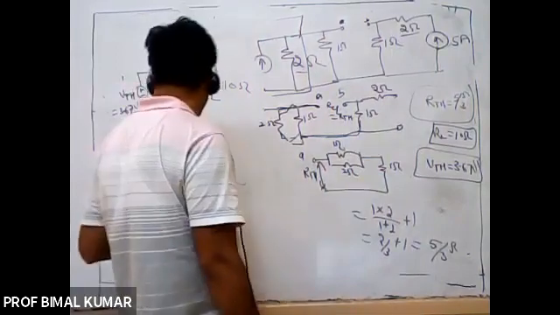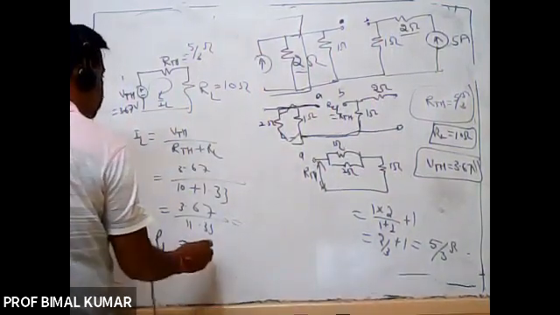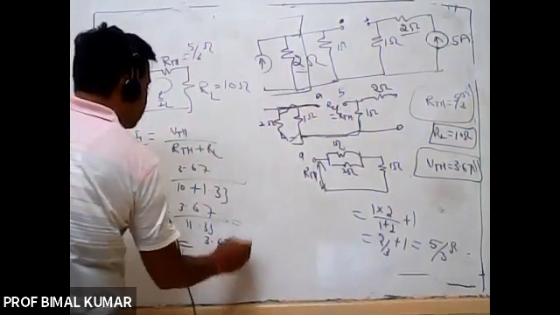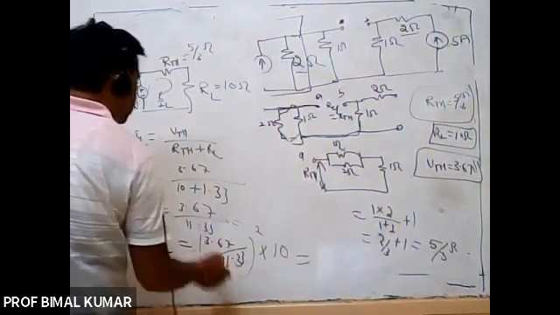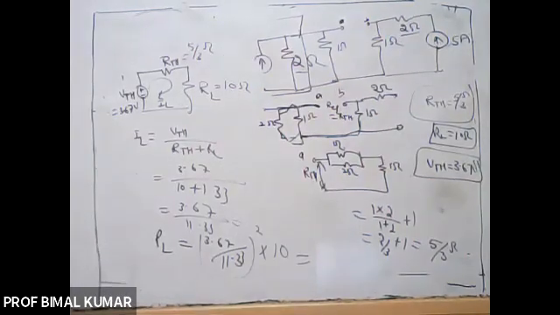That is the value of IL, and the power loss across the 10 ohm resistance will be 3.67 divided by 11.33, its whole square, into 10, right? Let me calculate it.